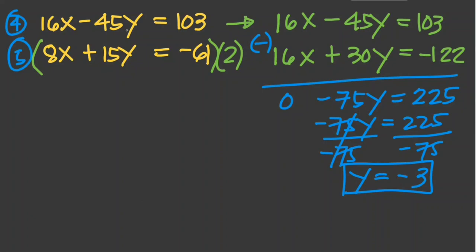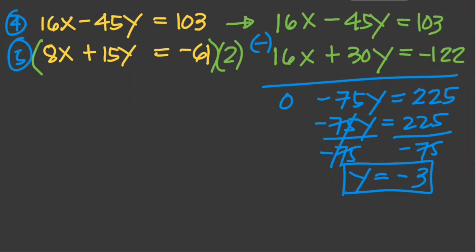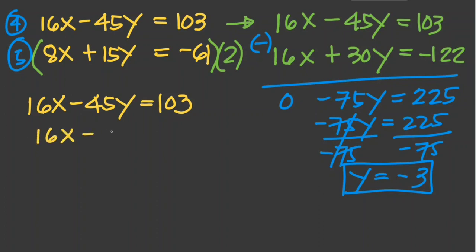We can choose either of these two equations to solve for x. Let's use the first equation, 16x minus 45y equals 103. We plug in the value of y: 16x minus 45 times negative 3 equals 103. 45 times 3 is 135, and negative times negative is positive.